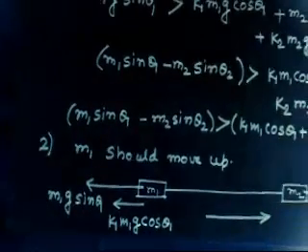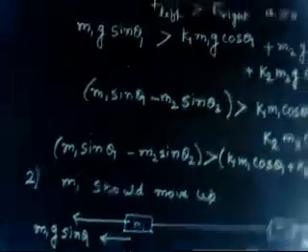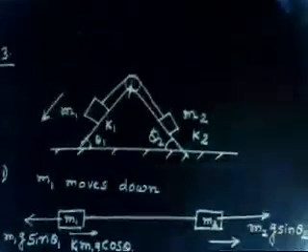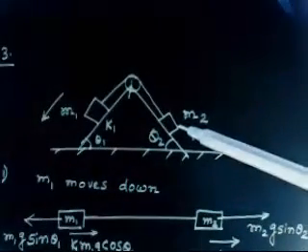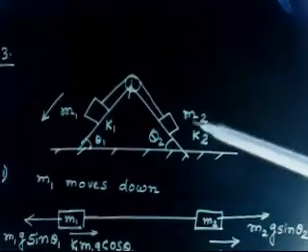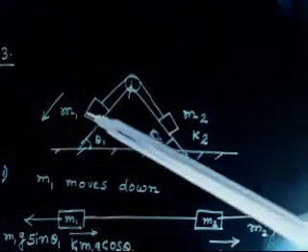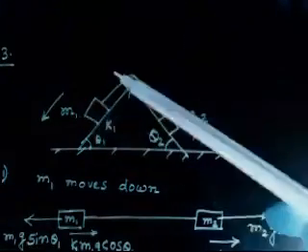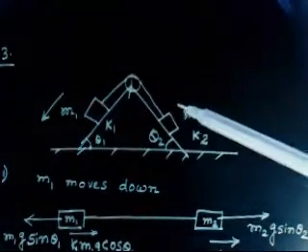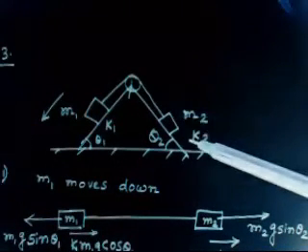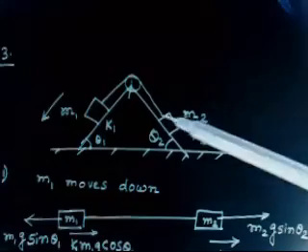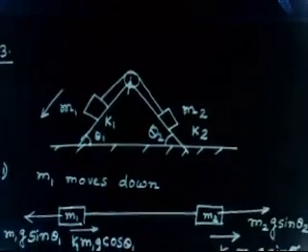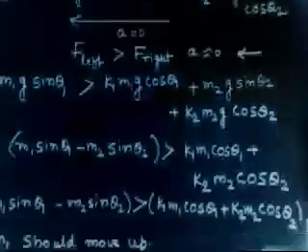Are you getting? Now if you see this block basically has a tendency to go down. Because I am saying M1 goes up, so this goes up, so this has a tendency to go down. If this has a tendency to go down, this means friction force will act up. So on this block the friction force will be opposite to M2G sin theta.